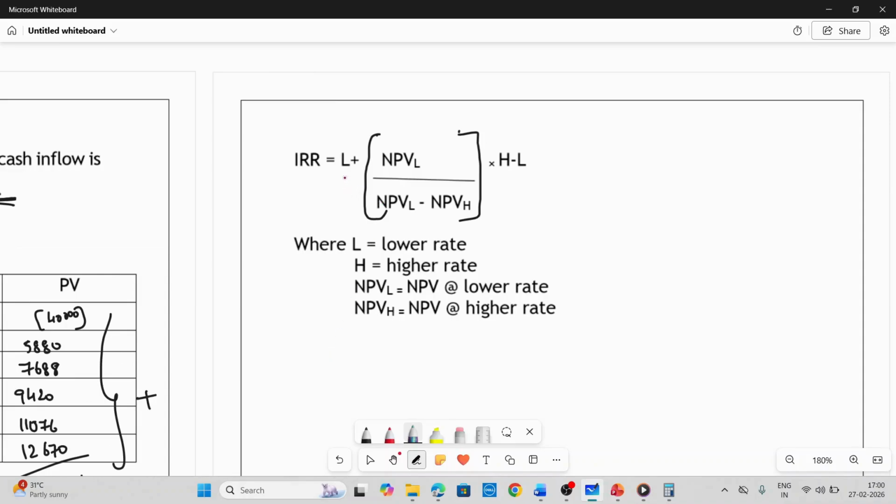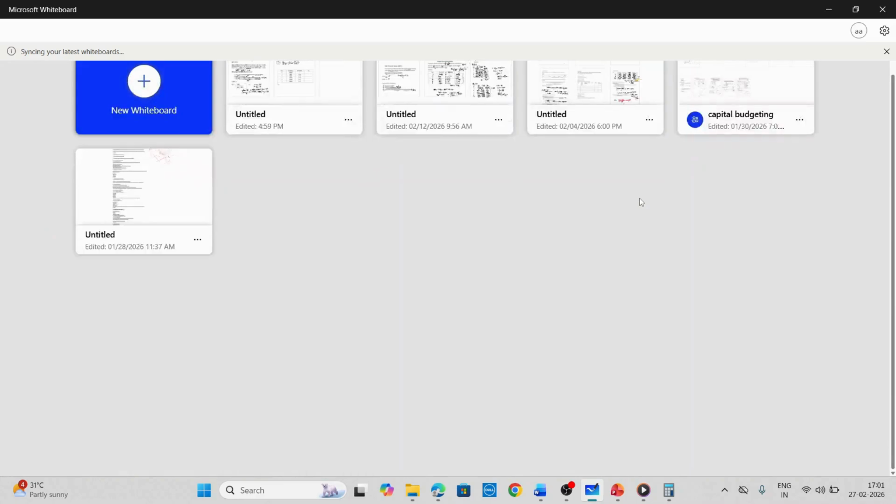What is the lower rate here? L is nothing but the lowest discount rate we have taken. Highest is 10%, right? NPV L is the NPV of the lowest calculated rate.